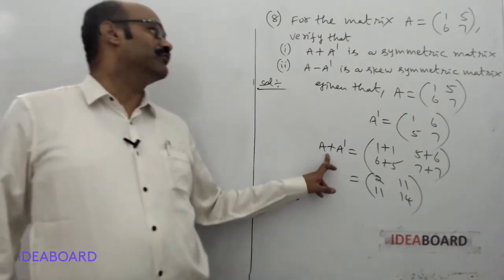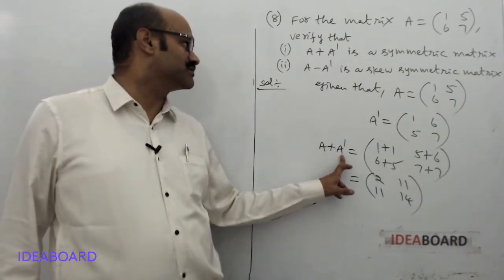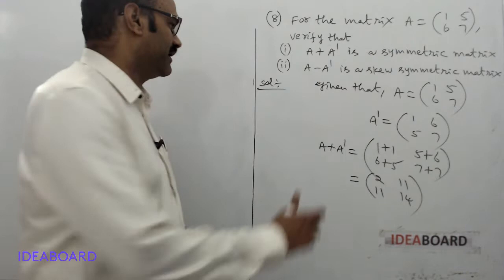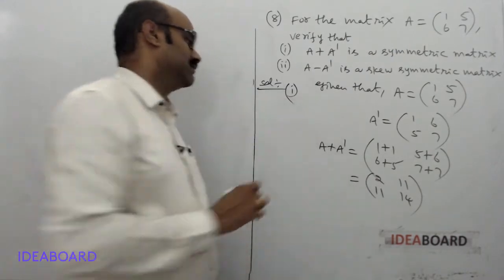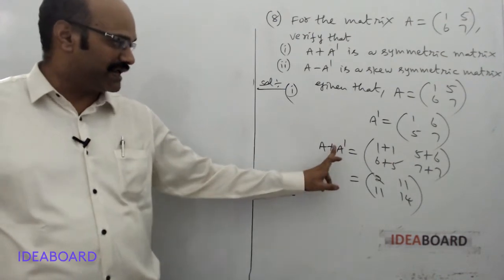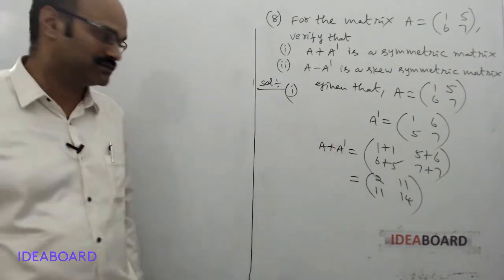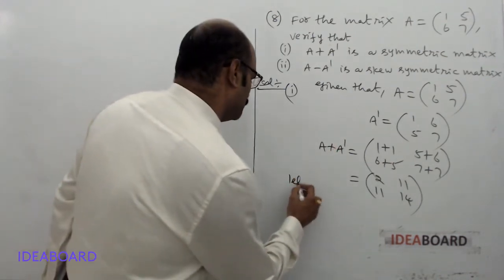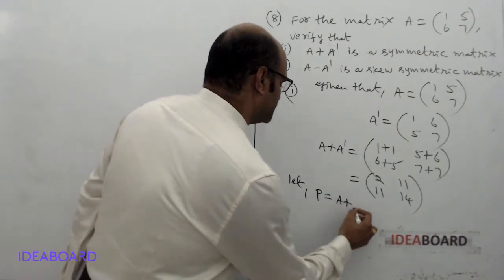Now we have to prove that A plus A transpose is symmetric matrix. To prove that, we have to take transpose of this matrix. Let P equal to A plus A transpose.